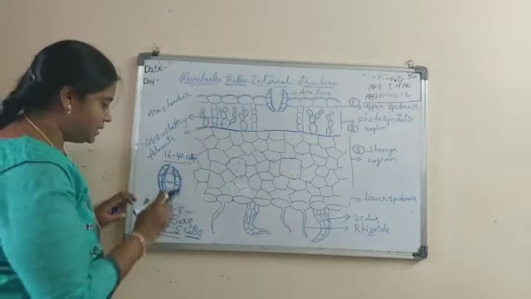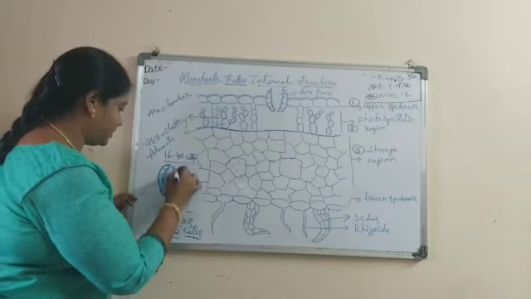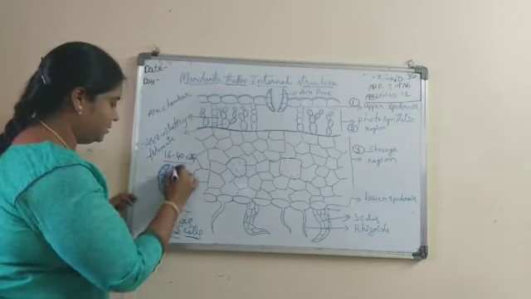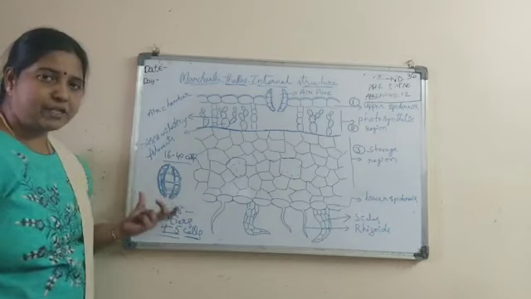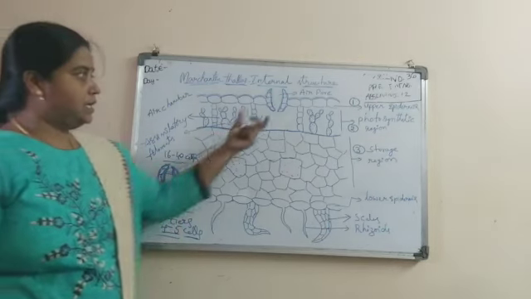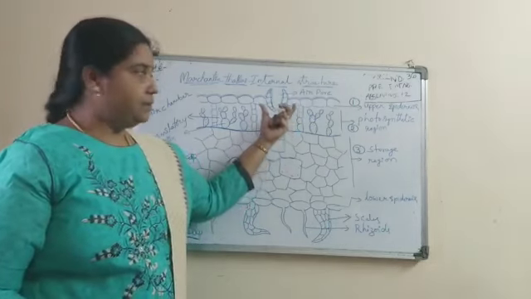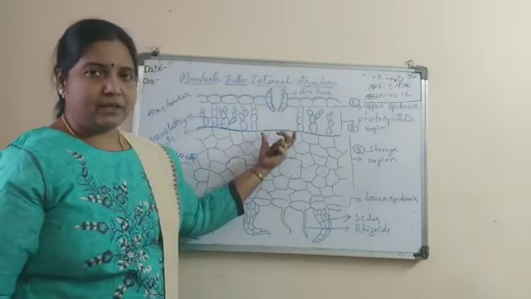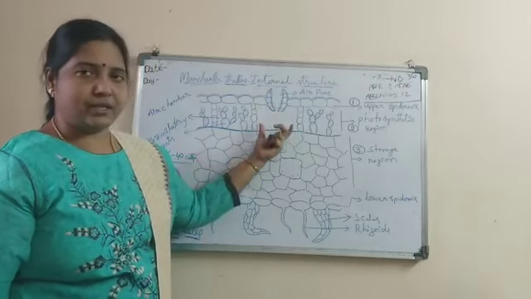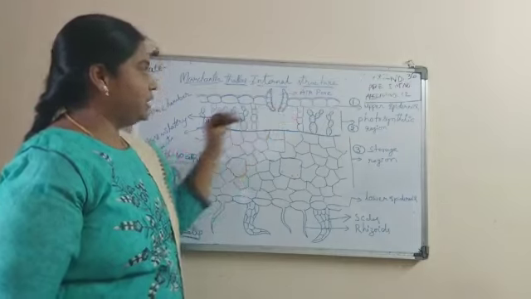So all these cells form a collar-like, ring-like structure, which shows a barrel-shaped air pore. These air pores open into the subepidermal region, which helps in gaseous exchange.